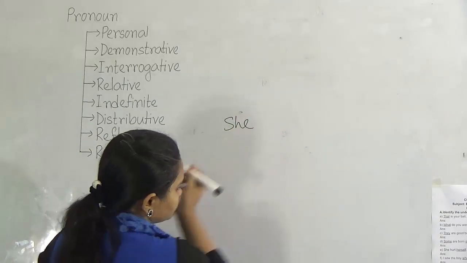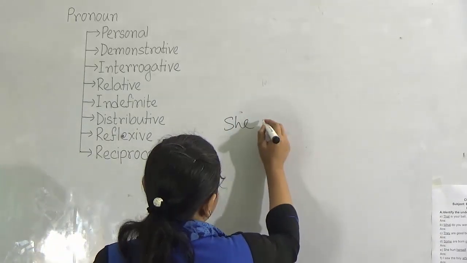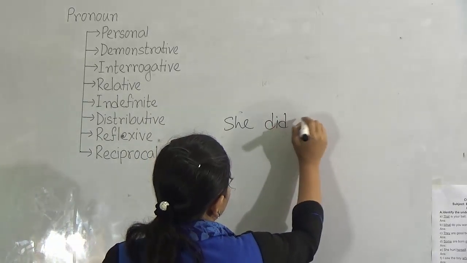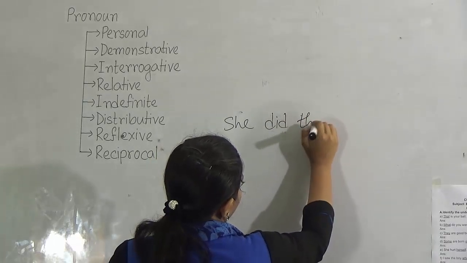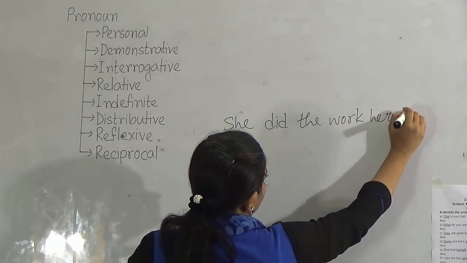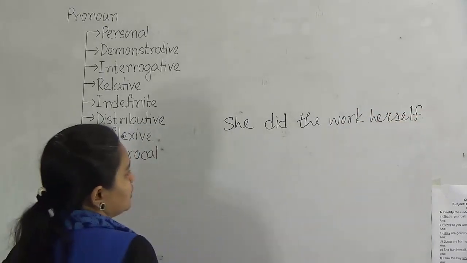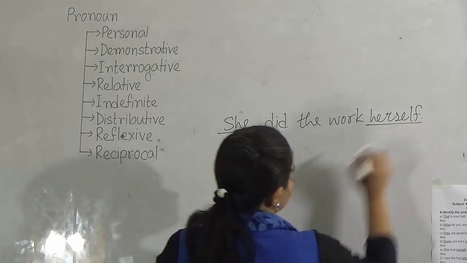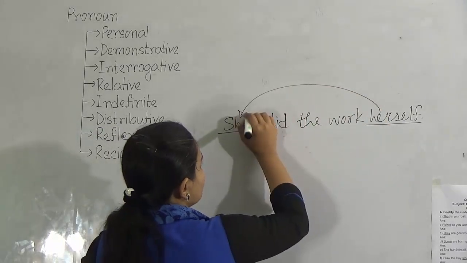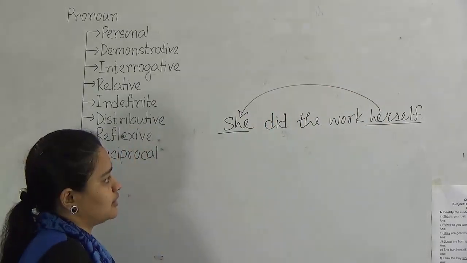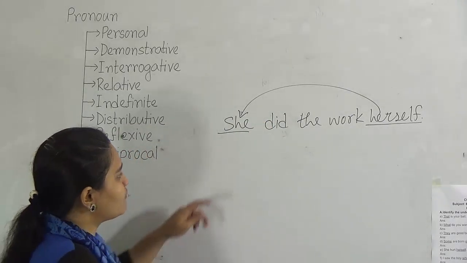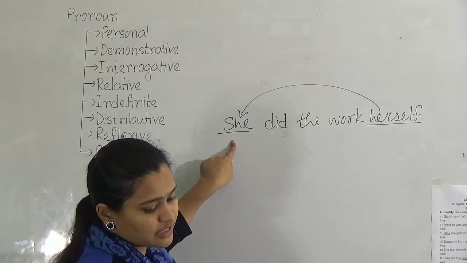She did the work herself. Now look at she and herself. So you will get the reflection of the subject, herself. That's why it is called a reflexive pronoun. We give emphasis on the subject by using the reflexive pronoun.